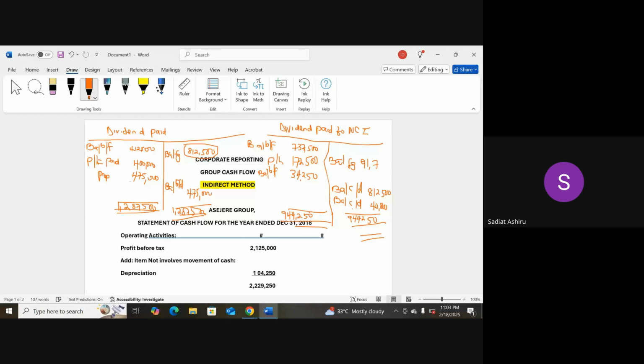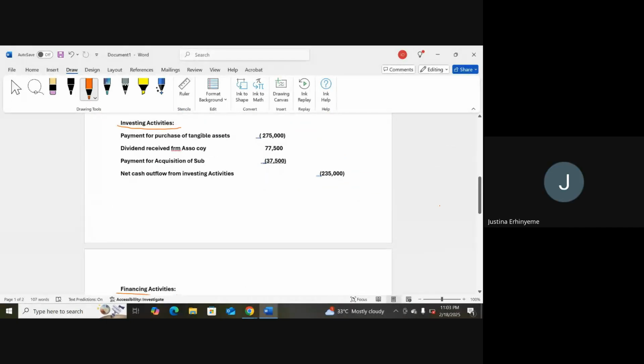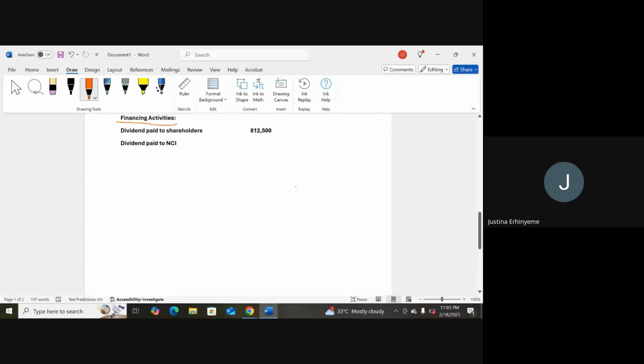So this is the dividend paid to NCI. You just take it here. So you pay the dividend, you have to put it in brackets. 91,750. So you also put this one in brackets because you pay the dividend.